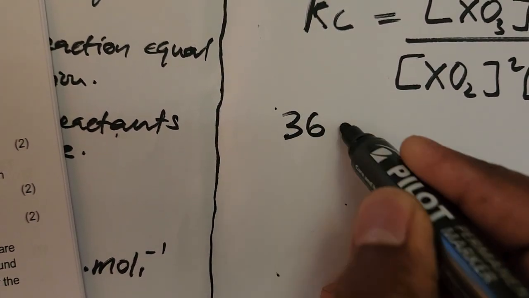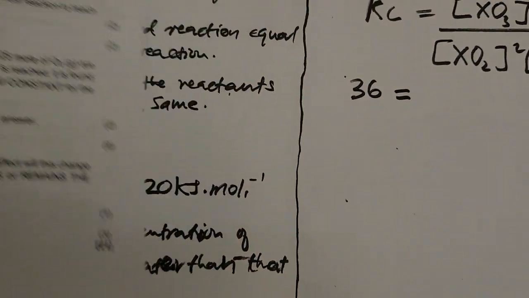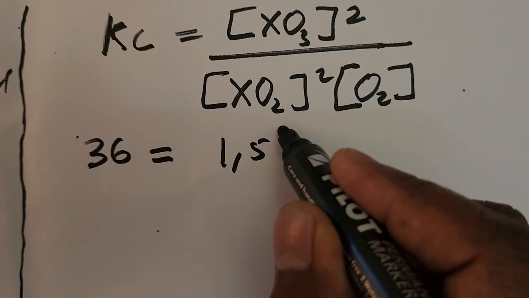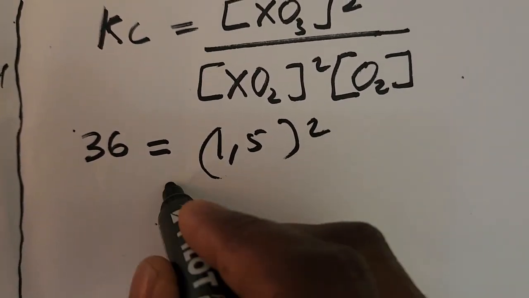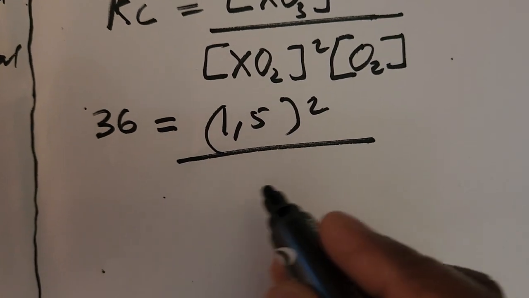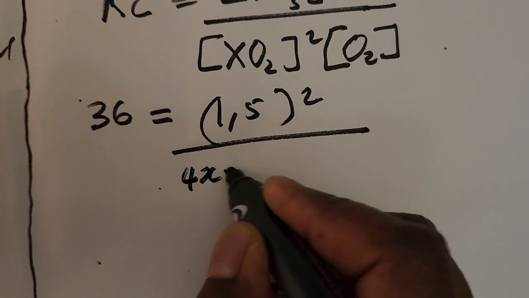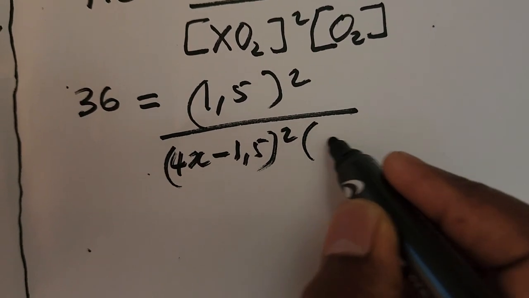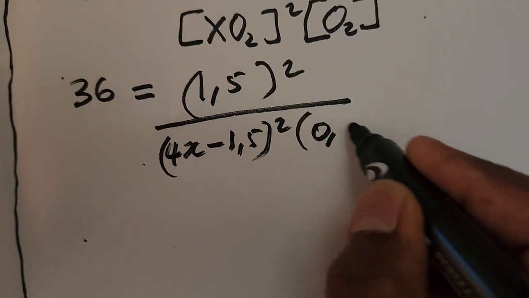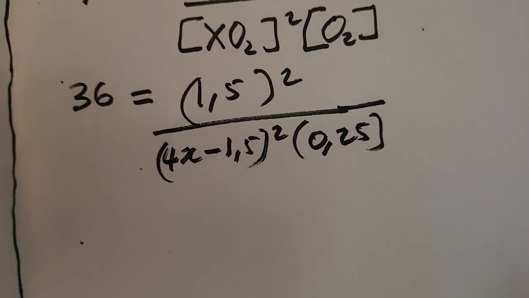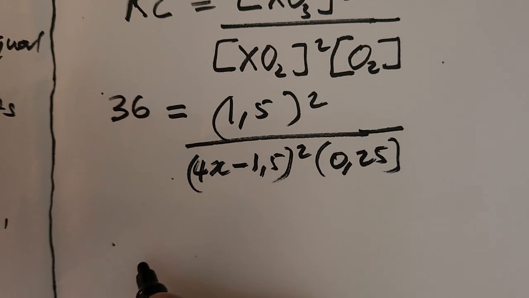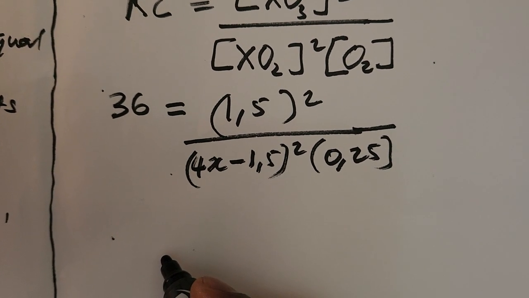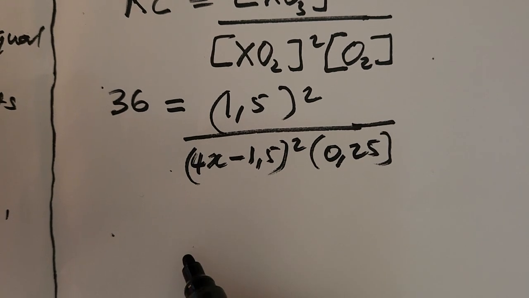Therefore, you write 36 equals, and now it's going to be 1,5 squared divided by 4x minus 1,5 all squared, multiplied by 0,25, the given one. If you work it out here, you will find the value of x.